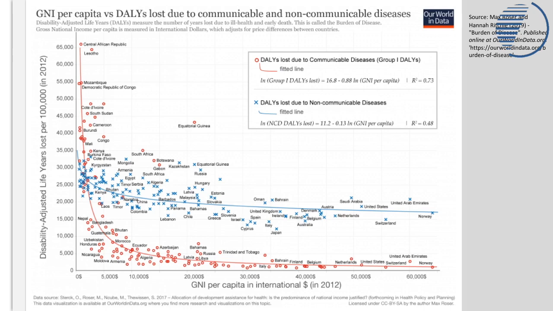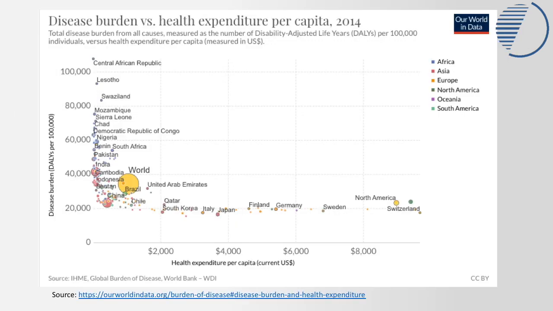So for all but the very poorest countries with low levels of income, non-communicable diseases dominate the global burden. Most countries will have more non-communicable diseases compared with communicable diseases, apart from this select group of low-income countries.